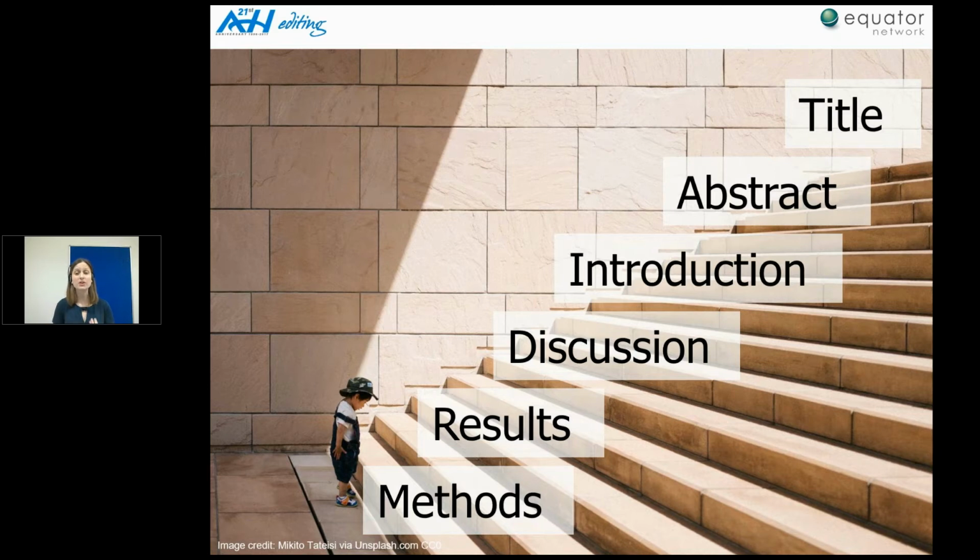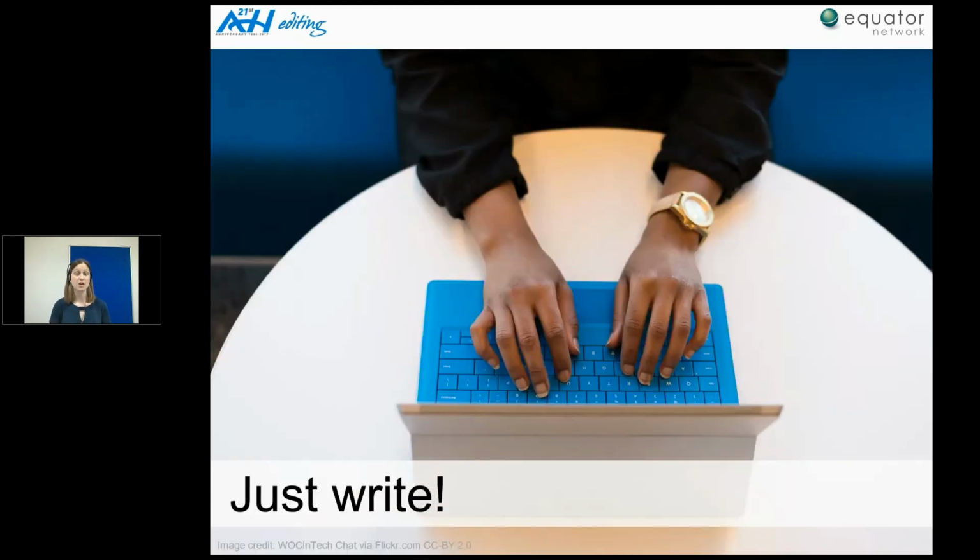So that's an order that you can work through that's not too difficult and challenging. It takes you through step by step. And I've got one other tip before we start to get focused in on each section. Just write. The writing process and the editing process are two different things. When you're writing, write.